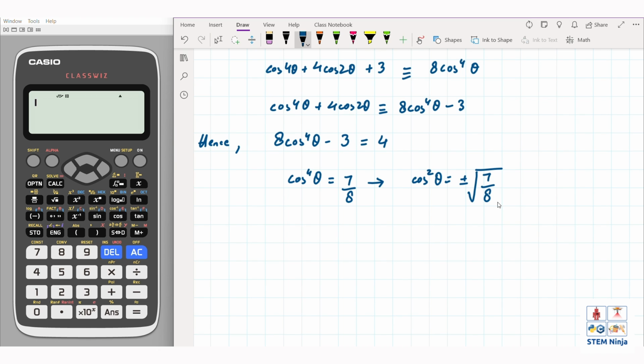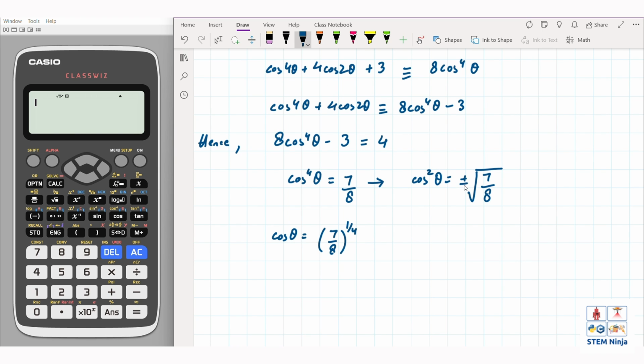We can only do that for the positive one. So cosine of theta will be equal to 7 over 8 raised to power 1 over 4, because we're taking the square root of the square root, and plus minus.